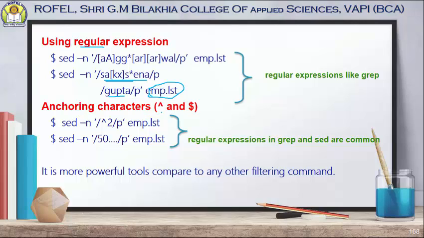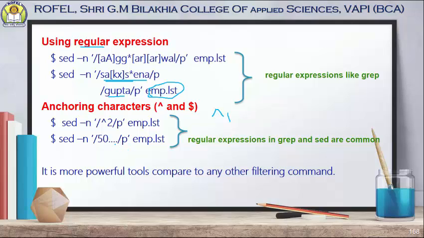Now we already learned the anchoring characters, caret and dollar. What is the use of caret? Caret is used to match the beginning of the line and dollar is used to match the end of the line. Yes, if I want to find lines starting with 1, then I can use caret 1, and if I want to find lines ending with 1, then I can use dollar.